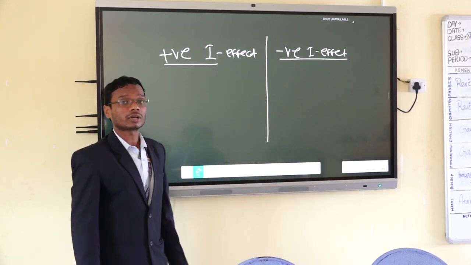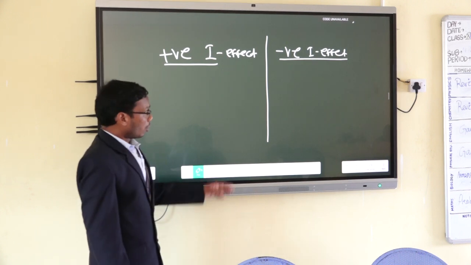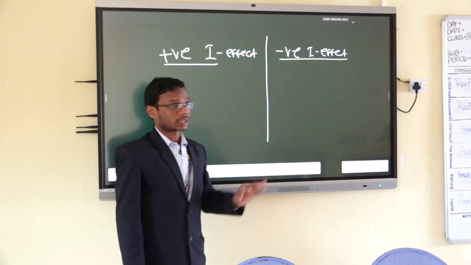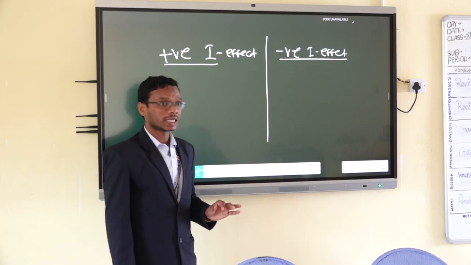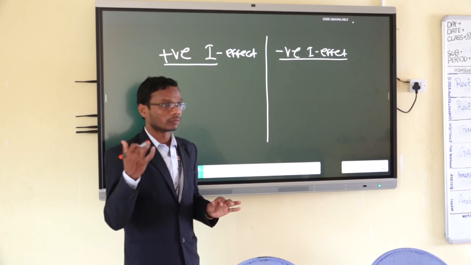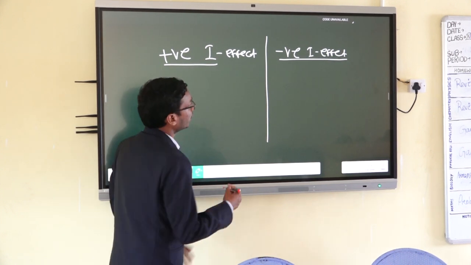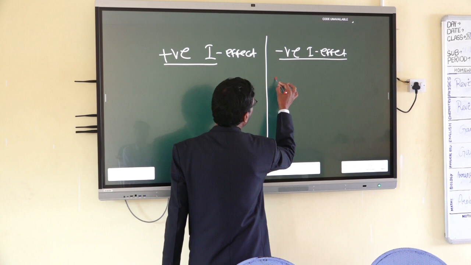What will give positive inductive effect? All the halogens, including fluorine, chlorine, bromine, give negative inductive effect.